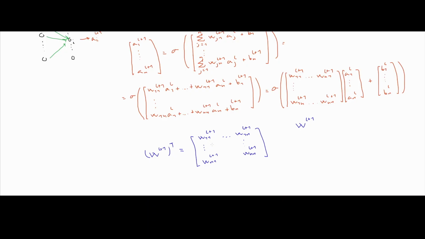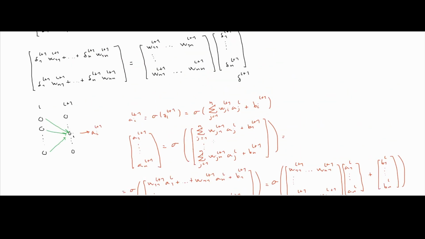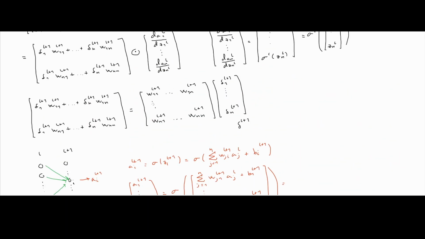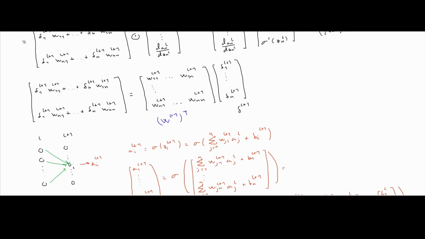And if we look at this matrix and compare it to the matrix we got earlier when deriving the delta terms, we see that this matrix is in fact also W L plus 1 transposed, which means we can rewrite this vector as the transpose of the W L plus 1 matrix multiplied by the delta L plus 1 vector.